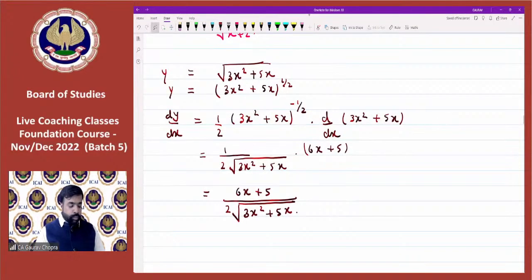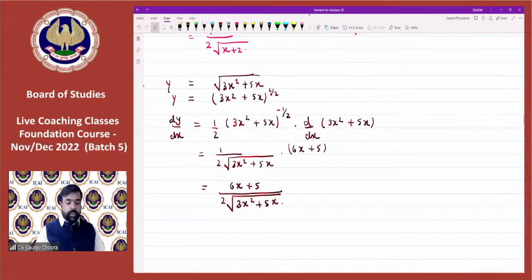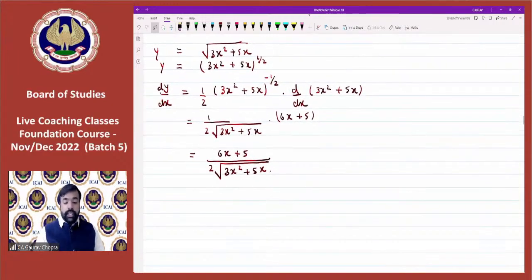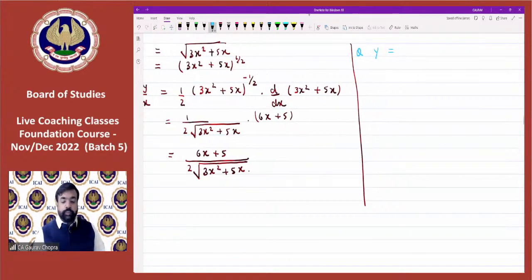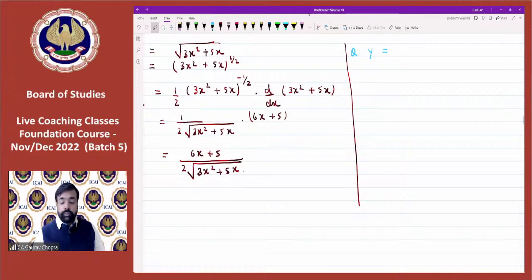Let us take one more example so that if someone has not understood, it becomes clear. Y is equal to, this time we have taken root of 2x cube plus 3.